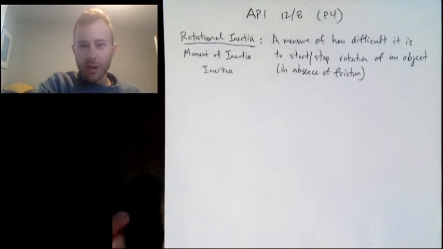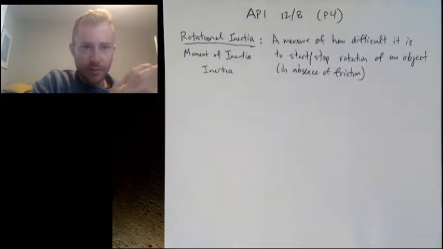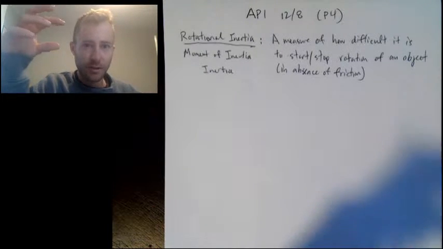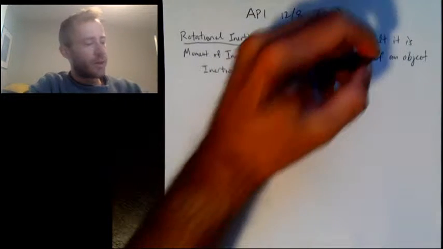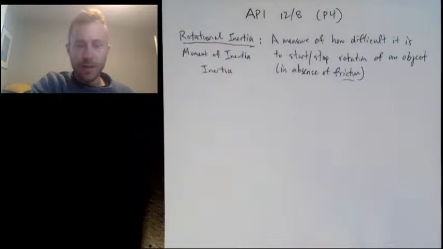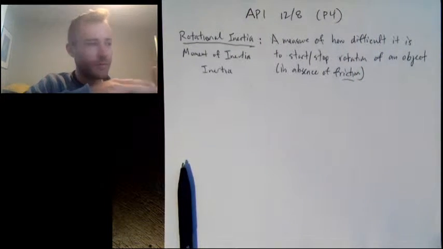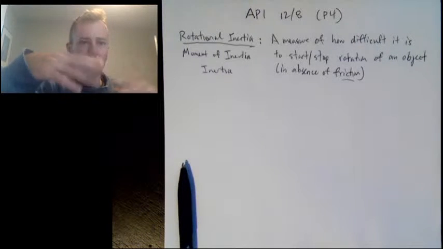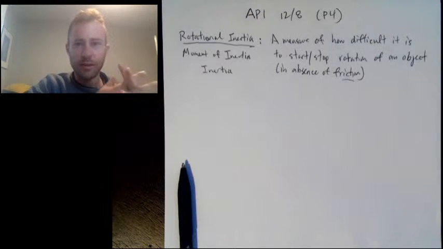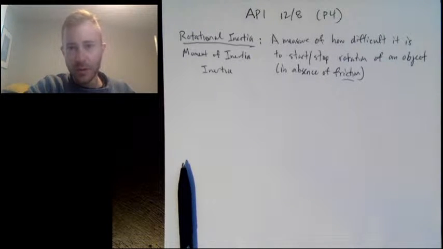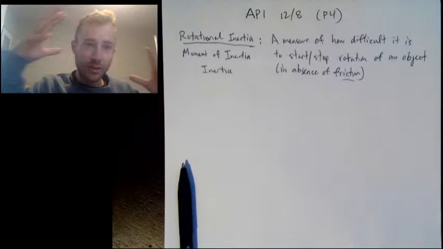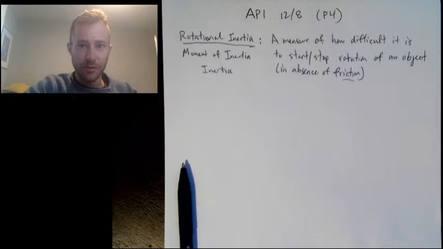So we're not referring to friction making it more difficult to start or stop. We're referring to the properties of the object itself, because friction generally has to do with the interaction between the object and its pivot point. If you don't have lubrication on the axle of rotation, then that can cause a lot of friction. This is not referring to that. It's referring to the intrinsic difficulty due to the object itself.